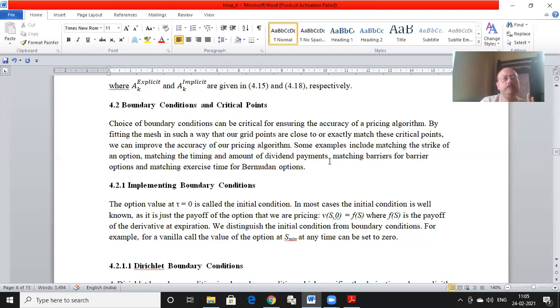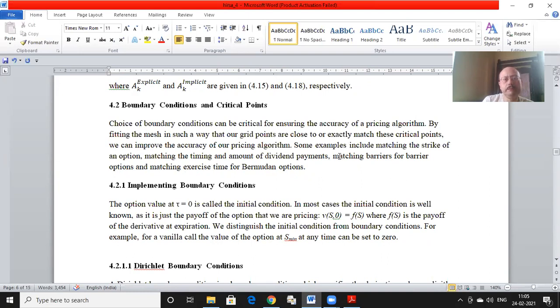Whatever it is, usually we know the dates when dividends will be paid. So we also look at the horizontal axis, the time axis, and select our grid in such a way that the dividend payout points are on the grid. Similarly, if we can, we also want to match the amount of the dividend payments on the vertical grid in terms of delta S. Because again, dividend payment amounts can typically be anticipated, like 1% or 2%.